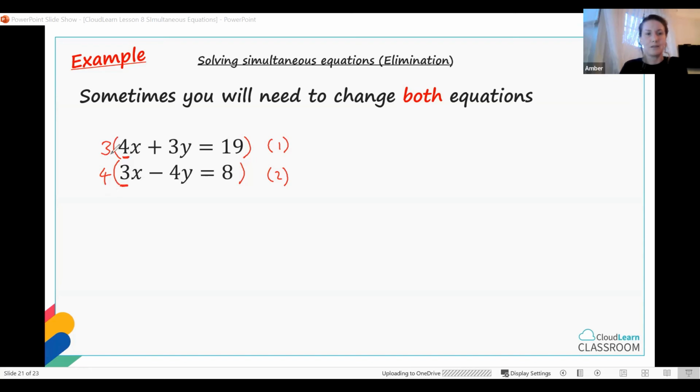Okay, so it's just a sort of easy trick for this if you're not sure what numbers to multiply them by. So I'm going to do 3 times all of equation 1. That's 3 times 4, 3 times 3, and 3 times 19. So I'm going to rewrite all that now. So 3 times 4x is 12x. 3 times 3y is 9y. And 3 times 19 is 57, I think.